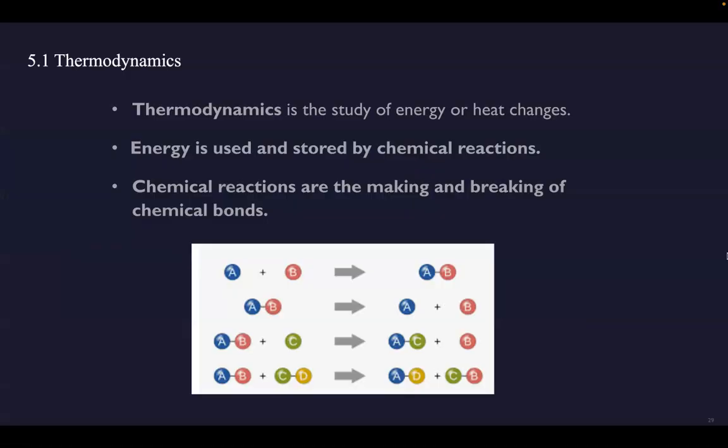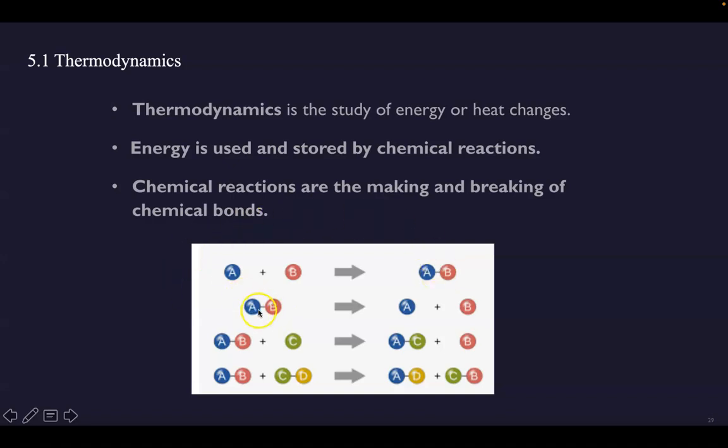When we're talking about thermodynamics, it's just the study of energy or heat changes. Energy is used and stored by chemical reactions, and chemical reactions are just the making and breaking of chemical bonds. So here's several different vague examples of what chemical reactions could be. It could be combining two things to make a new molecule.